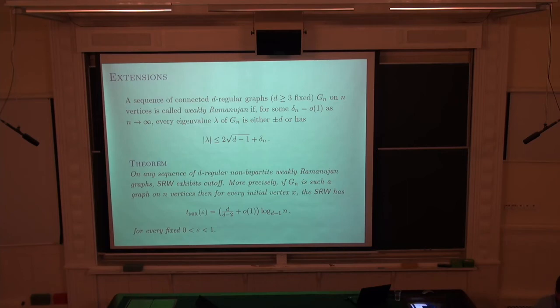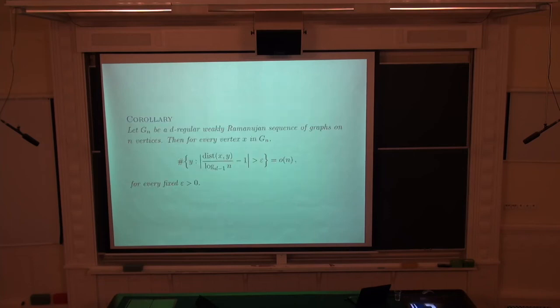If you take a Ramanujan graph and take a random lift, we don't know whether that can be Ramanujan, but we do know, again, the theorem of Friedman and co-authors, that this is a weakly Ramanujan graph. And hence we have the mixing time and also this kind of result on distances. In any weakly Ramanujan sequence, the number of y such that the distance divided by log base d minus 1 of n is far away from 1, is little o of n.